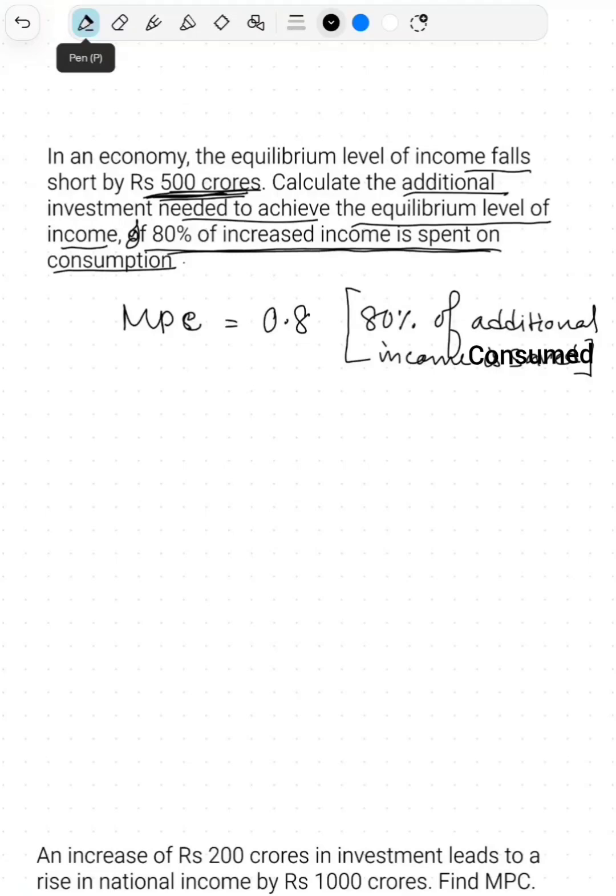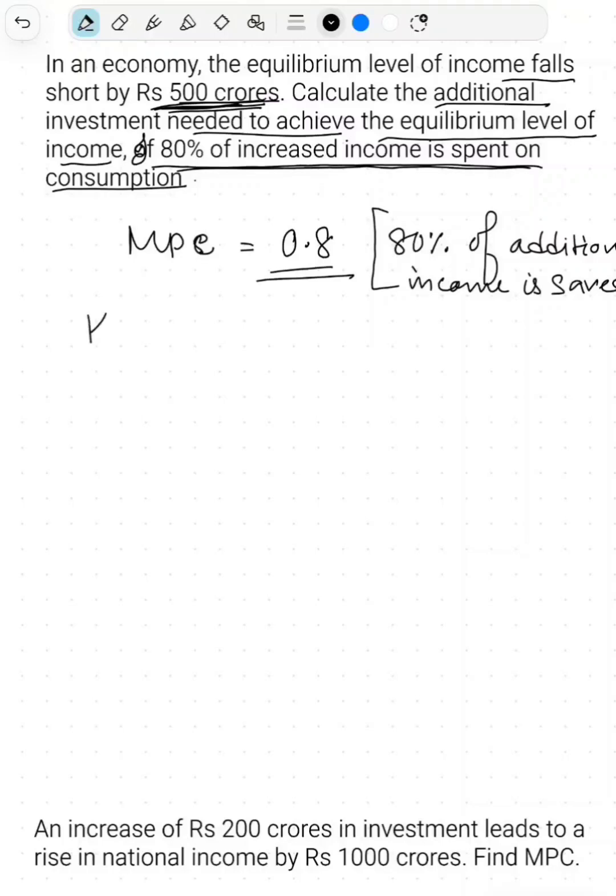Next, using this MPC, we can find the multiplier. What is the multiplier? It is K is equal to 1 divided by 1 minus MPC. So 1 divided by 1 minus 0.8, we get 1 divided by 0.20, or 5. The multiplier is 5.